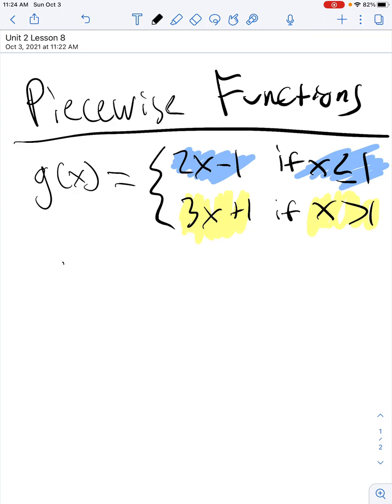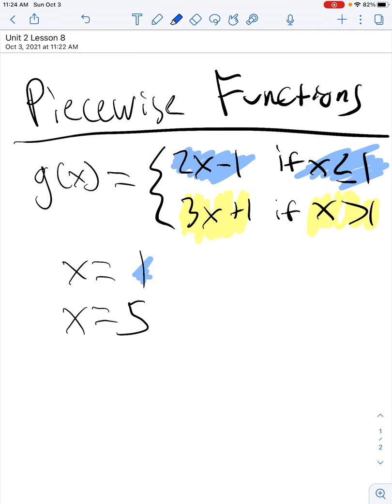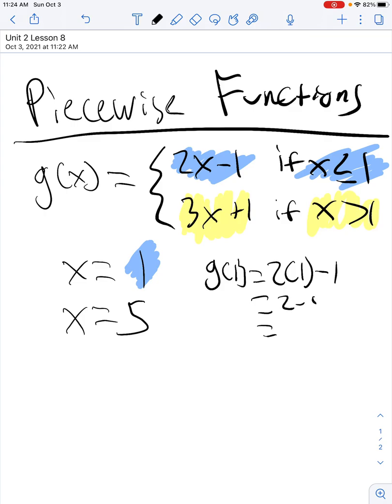So if I were to say, all right, I want to find when x equals 1, and I want to find when x equals 5. So when x equals 1, I know that because it says x is less than or equal to, I'm going to use the top function. So g of 1 equals 2 times 1 minus 1. 2 minus 1 is 1, Mr. Larson.